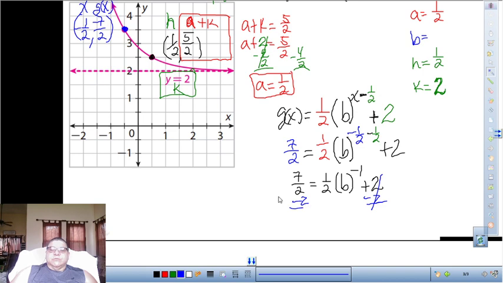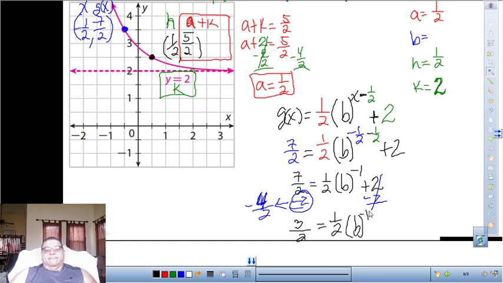Yeah, I can change this 2 to what? -4/2. So what is 7 halves minus 4 halves? All right, that is correct. We're left with 3 halves equals 1/2 times b to the -1.